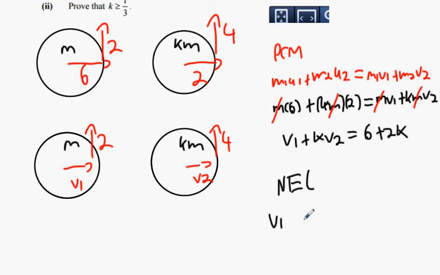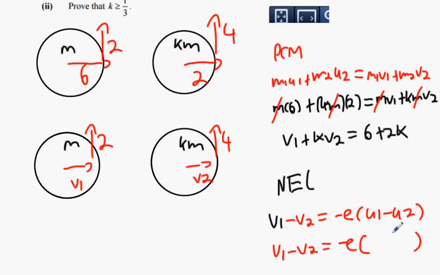So v1 minus v2 equals minus e times u1 minus u2. That's what we're looking at here. v1 minus v2 is the same. e stays the same, but the speeds aren't. It's 6 minus 2, such that v1 minus v2 equals minus 4e.